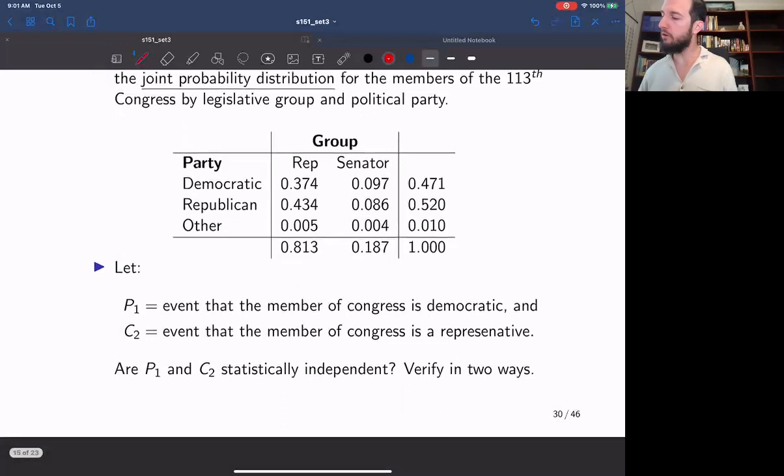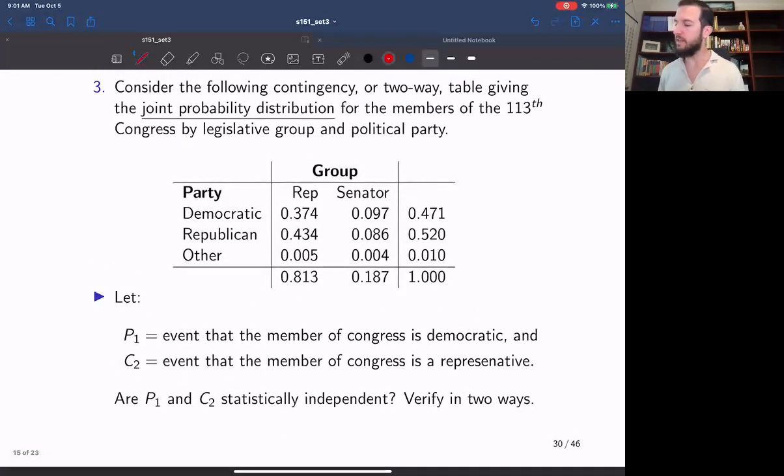Okay, so we are going to use this contingency table to determine if events P1 and C2 are independent of one another. P1 is the event that the Congress is democratic. So this is going to be our P1. And C2 is the event that the Congress is a representative.